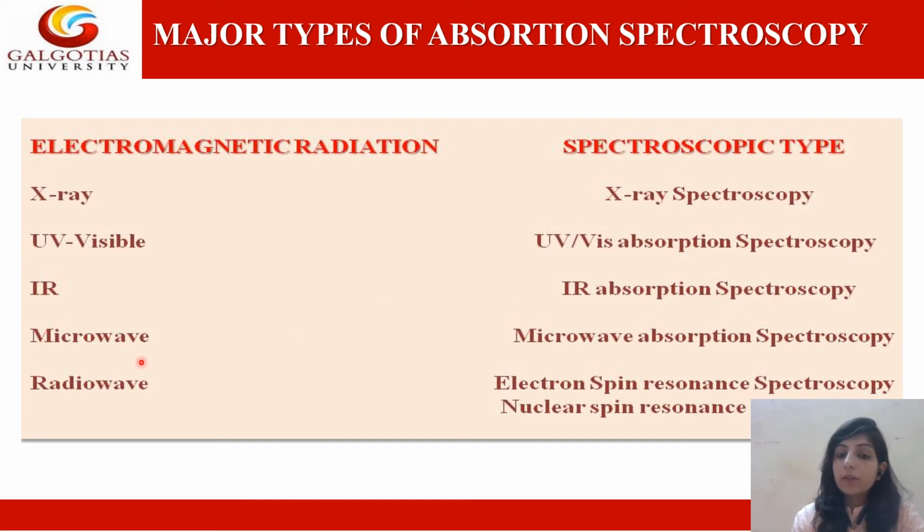If we have microwave radiation, then we have microwave absorption spectroscopy. If we have radio wave as the incoming electromagnetic radiation, then we can have either electron spin resonance spectroscopy or nuclear spin resonance spectroscopy. So on the basis of the type of incoming electromagnetic radiation, we have different types of spectroscopic techniques if absorption is occurring.